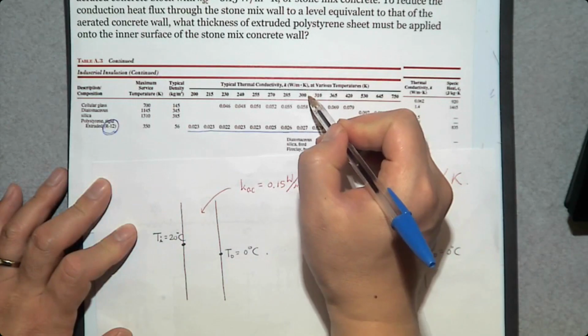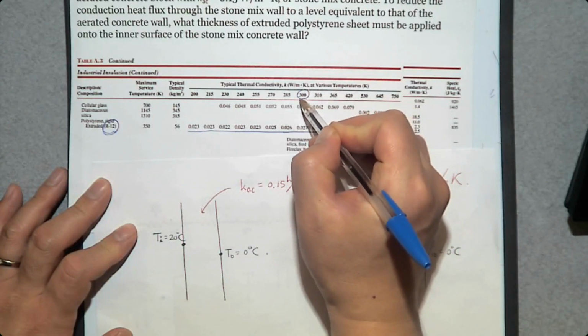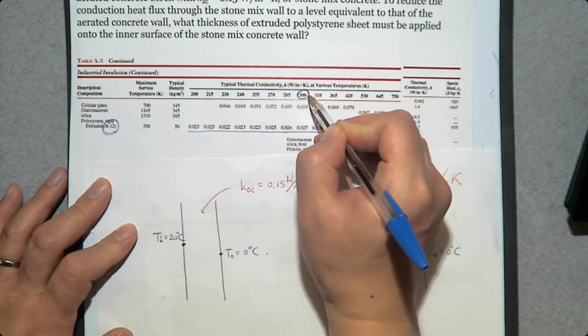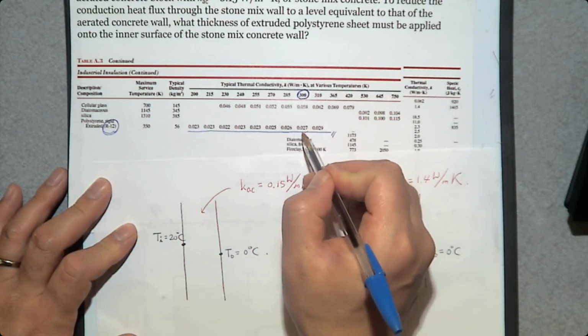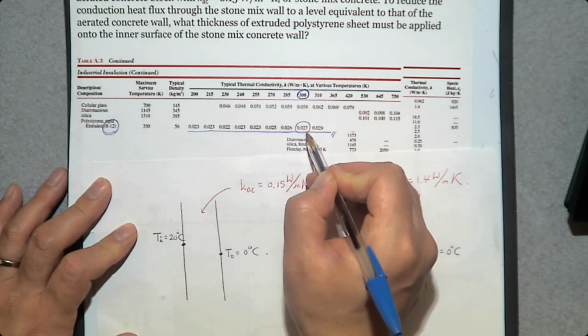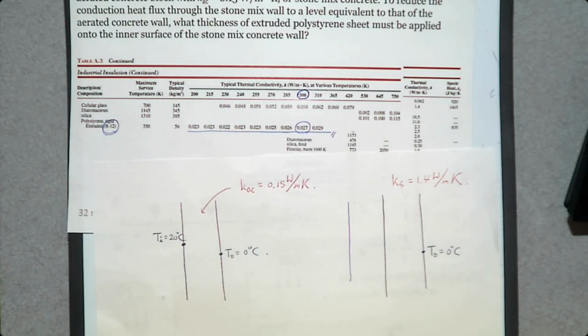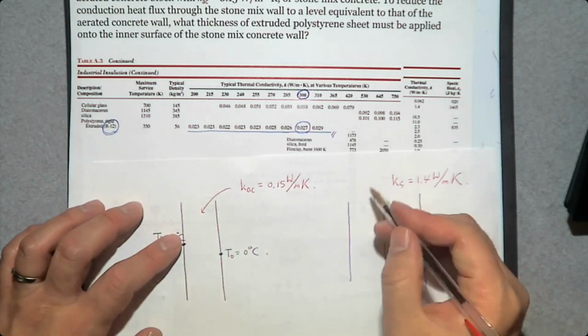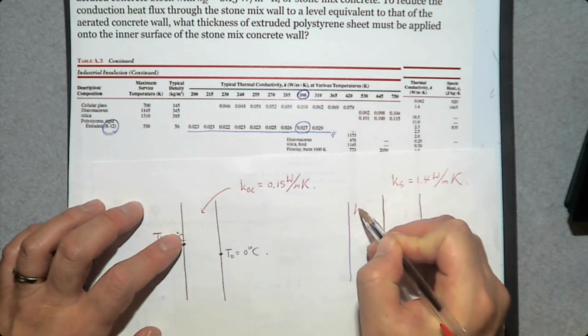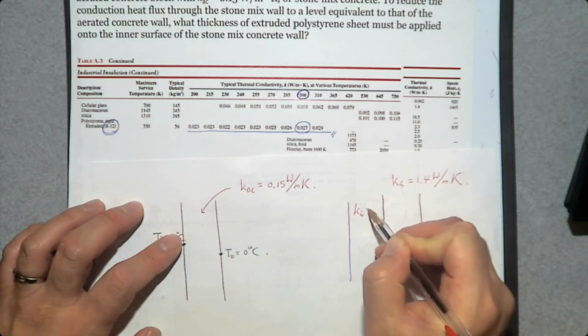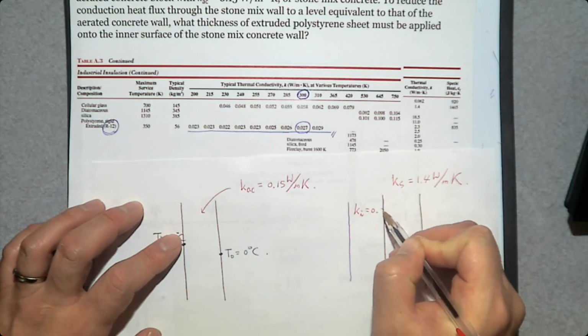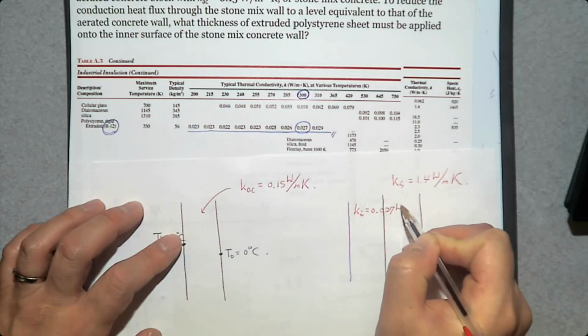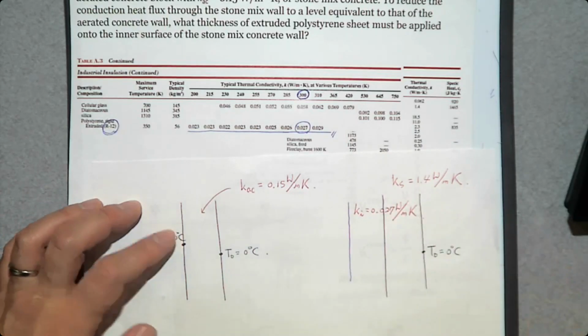And we can pick a value at the standard room temperature, 300 Kelvin. So the thermal conductivity of this insulation is 0.027 watt per meter Kelvin.